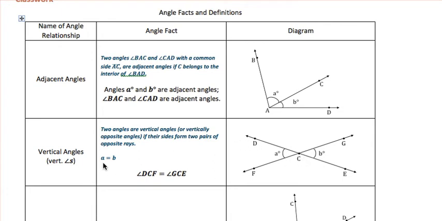And A is equal to B. Angle A, which we've labeled here, is equal to the measure of angle B. So in vertical angles, opposite angles are congruent. Another way to write that is angle DCF is equal to the measure of angle GCE.